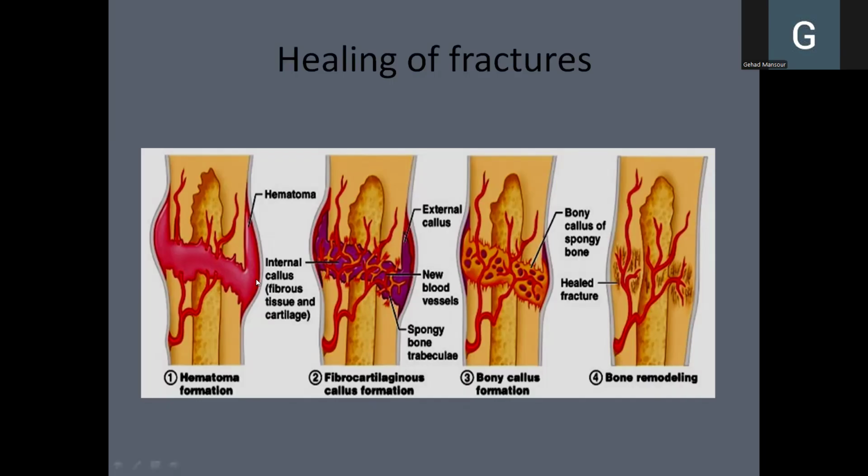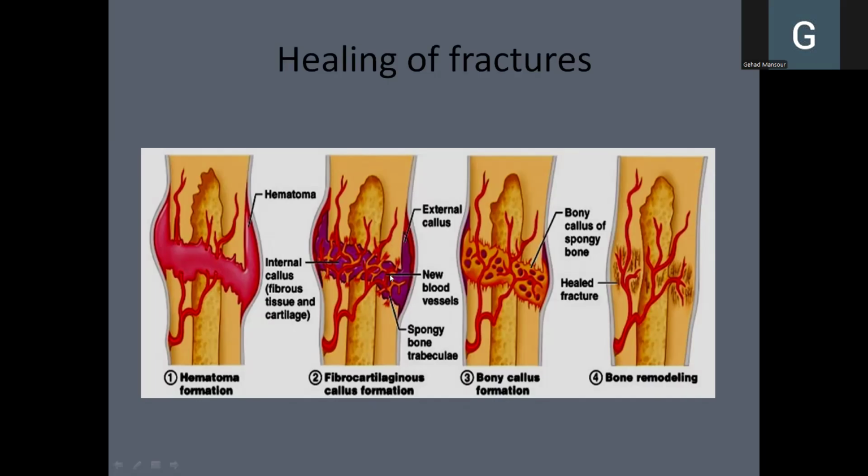And then after this, the macrophages, or the large non-specific white blood cells that can engulf any particle, will engulf the components of the hematoma and the bony debris, and the blood vessels of the periosteum will start forming an internal callus.